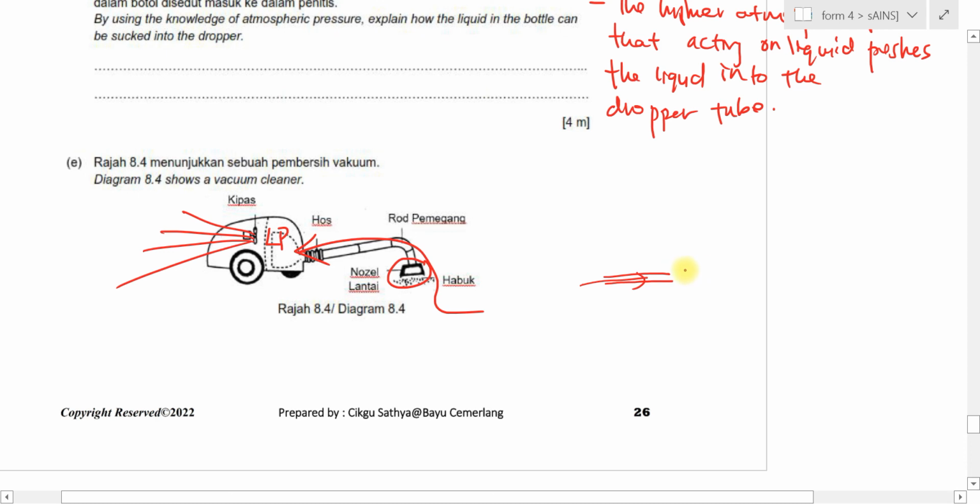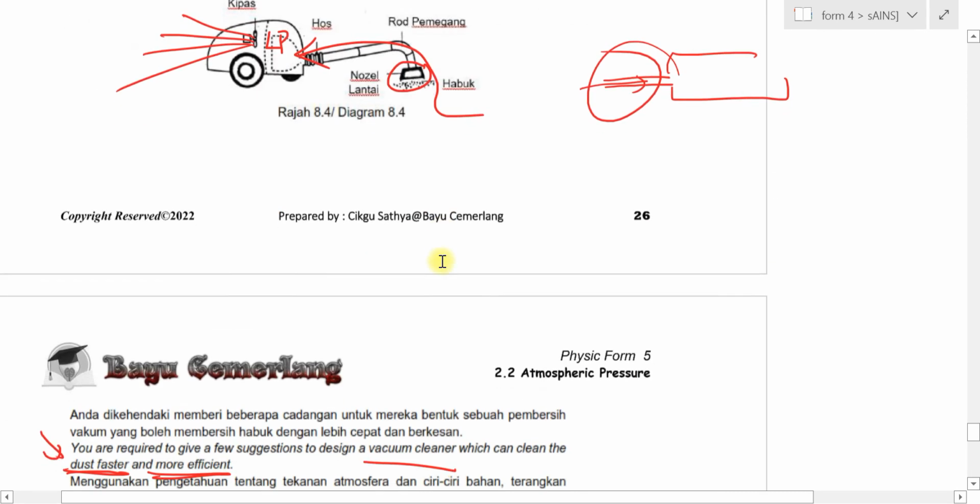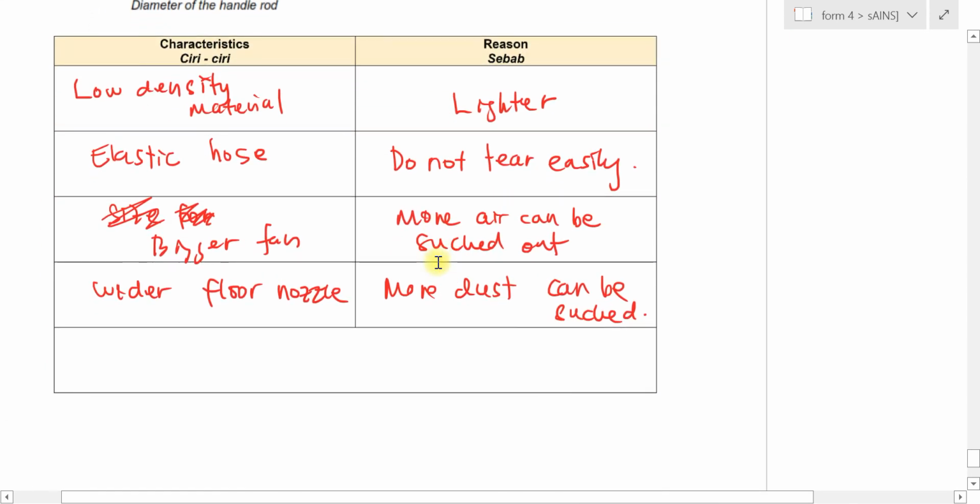When it's a bigger pipe, the air moves very slowly. You make use of this knowledge. So the diameter should be smaller so air can flow very fast, air with the dust. So the diameter of the handle rod should be smaller.